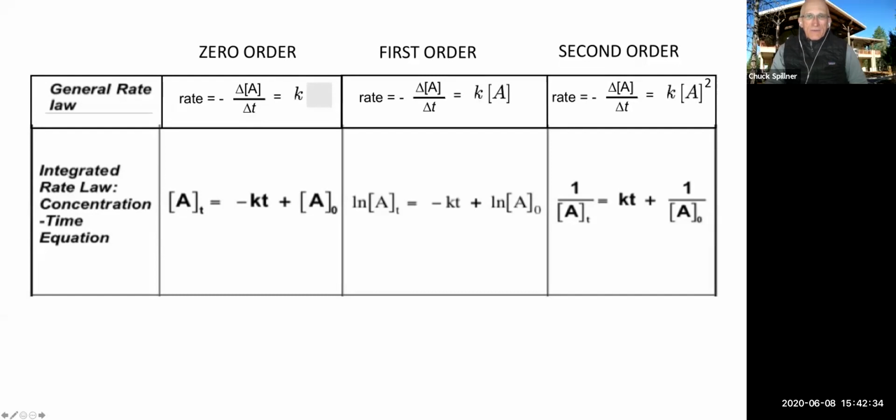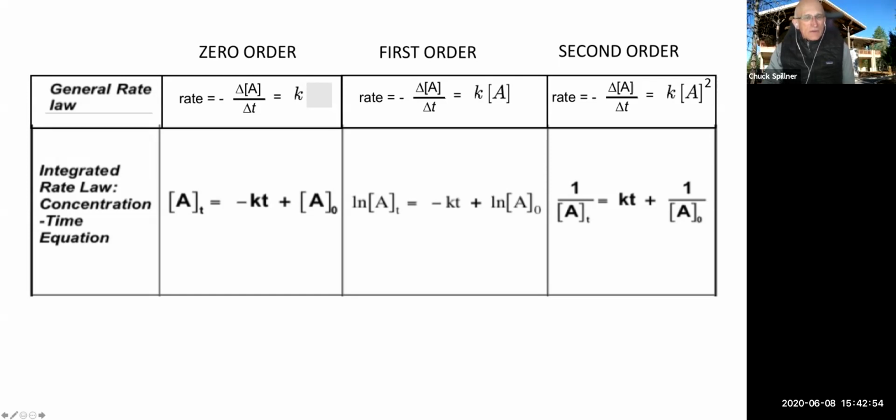I went through the integration of the first order to get to the integrated rate law down here. If you know calculus, you can go through the integration of the first order and the second order, and you'll end up with these integrated rate laws shown in the second row.